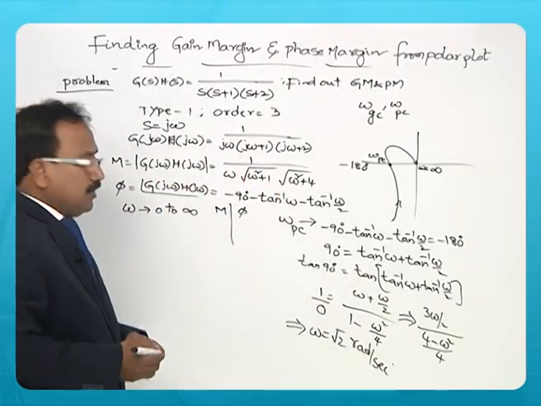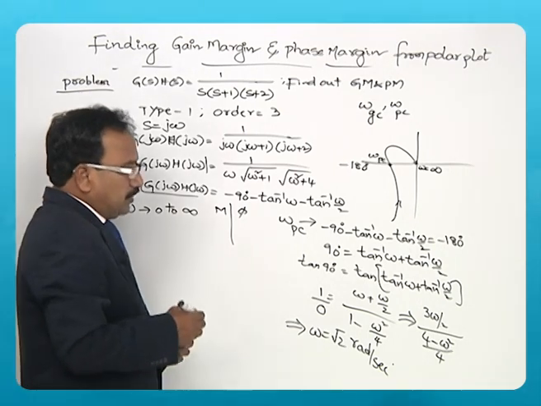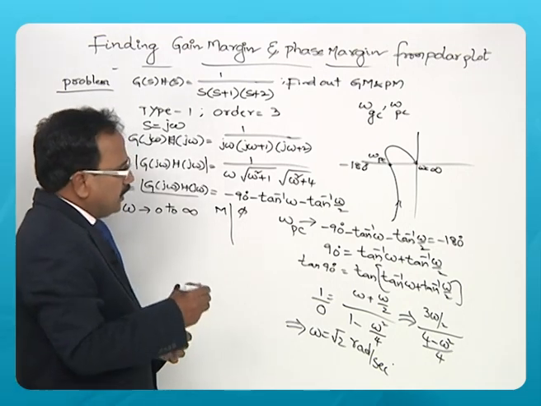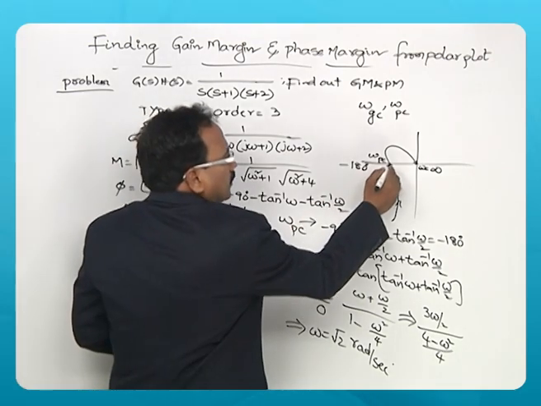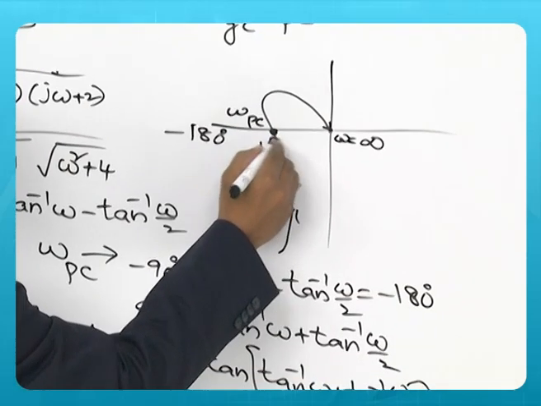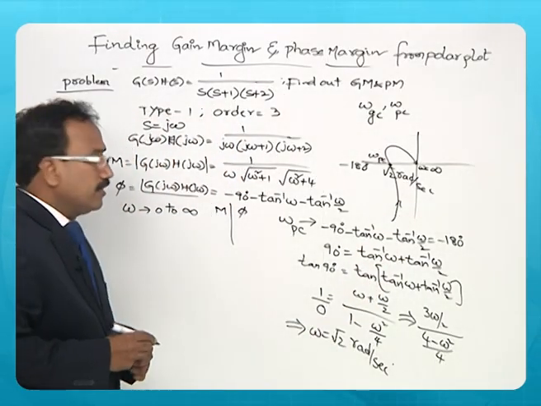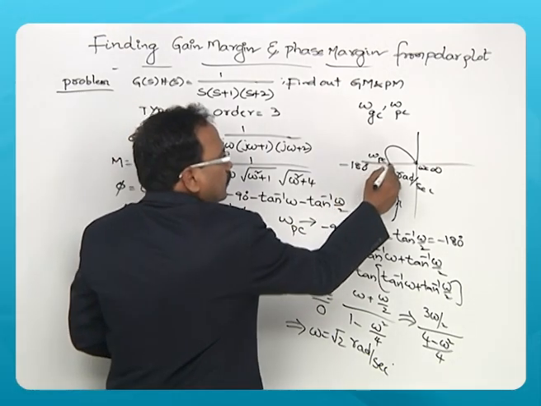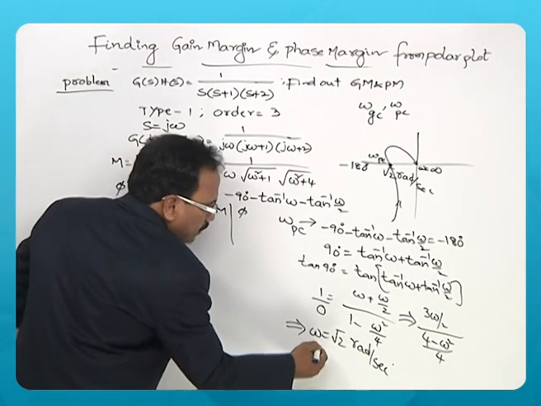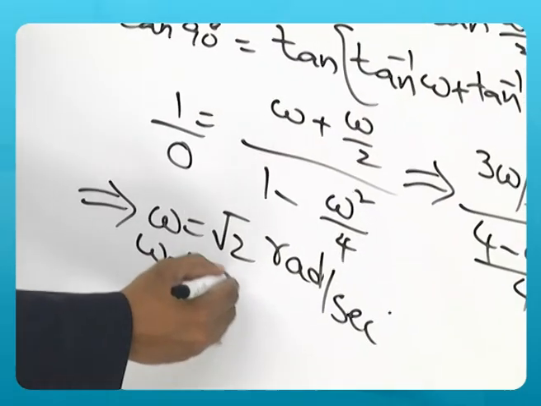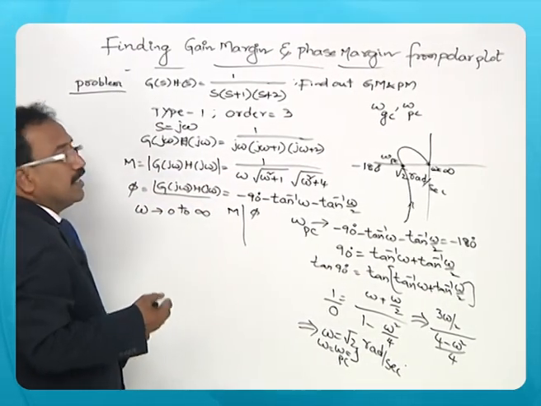So, the frequency, root 2 radians per second, you could get by equating the phase angle term to minus 180 degrees. Means the value of omega PC here is root 2 radians per second. Now, if you know this, you can substitute omega equal to omega PC, that is root 2 radians per second, in the magnitude term.